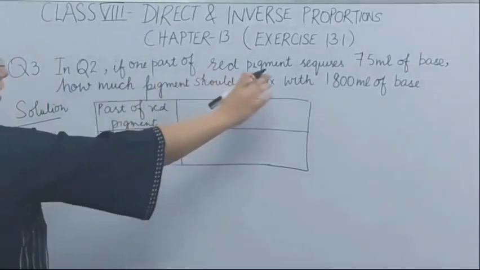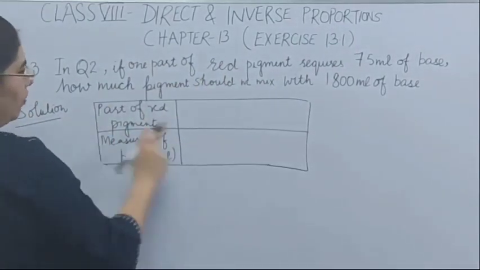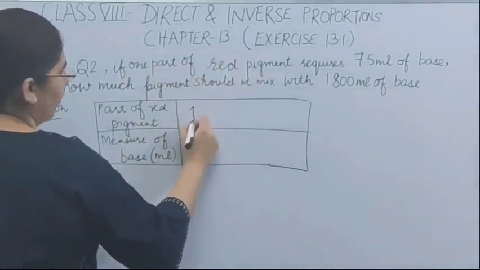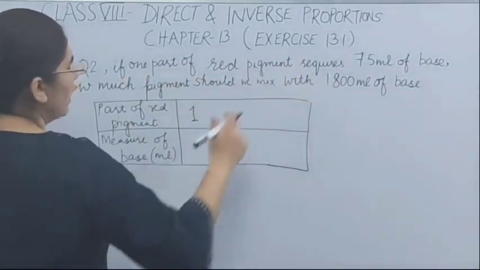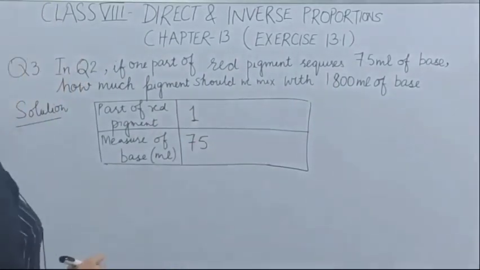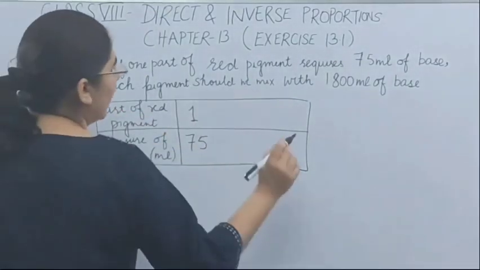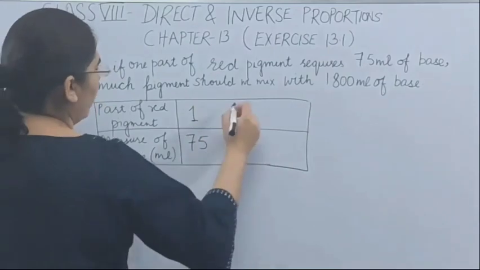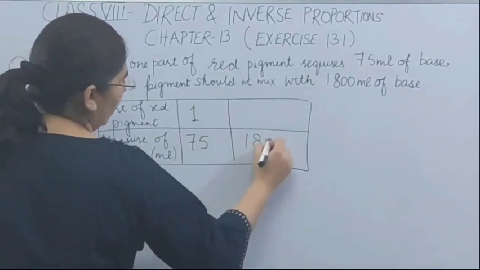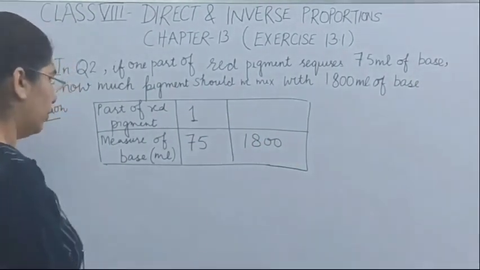So, just try to read it and simultaneously quantify it or tabulate it. If one part of red pigment requires 75 milliliters of base, how much pigment should be mixed with 1800 milliliters of base? So, you have 1800 here, and this is the quantity that we need to find out.